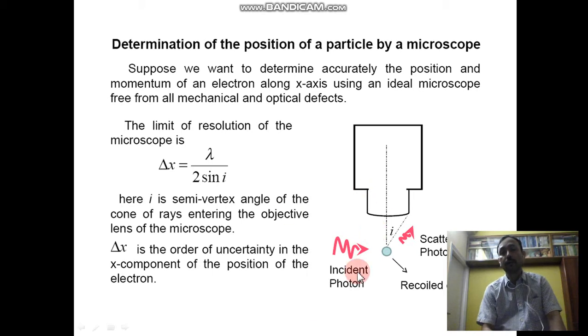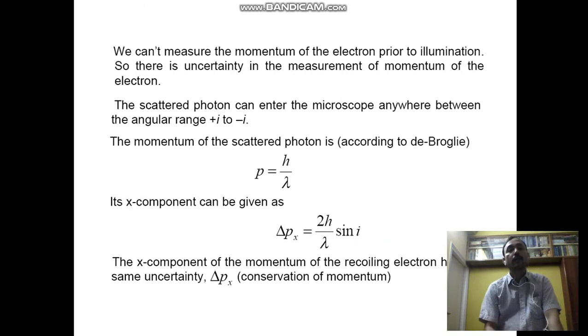This is the recoil electron. The photon is incident on it and becomes scattered, making an angle I, and it falls onto the objective lens. We can't measure the momentum of the electron prior to illumination.